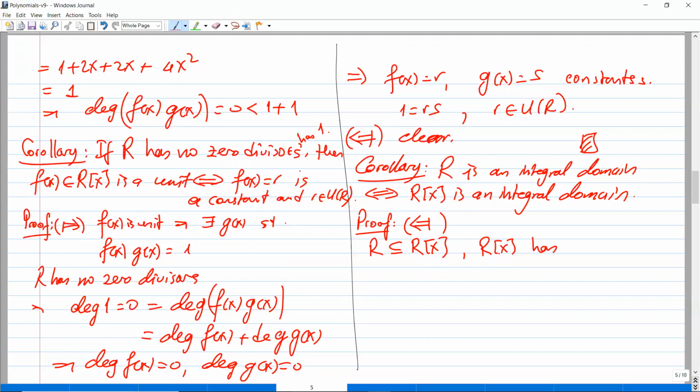If R[x] is a commutative ring with identity, then R is a commutative ring with identity. And since R[x] has no zero divisors, and R is a subset of R[x], R has no zero divisors. So that R is an integral domain.